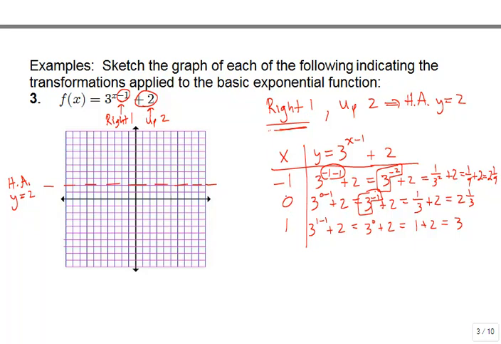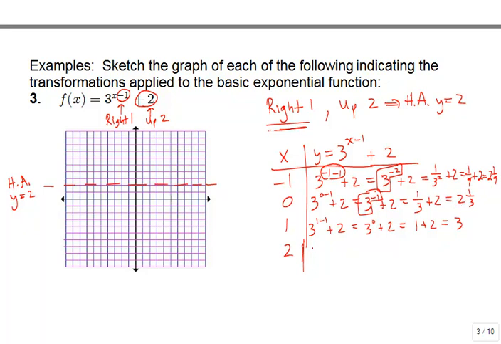So sometimes I'll shift my inputs right 1 as well. So instead of stopping at 1, I might shift that right 1 and look at what happens when x is 2 as well. You don't have to do that, but sometimes it gives you a nicer range of y values to plot so that they're not all scrunched together and hard to differentiate between.